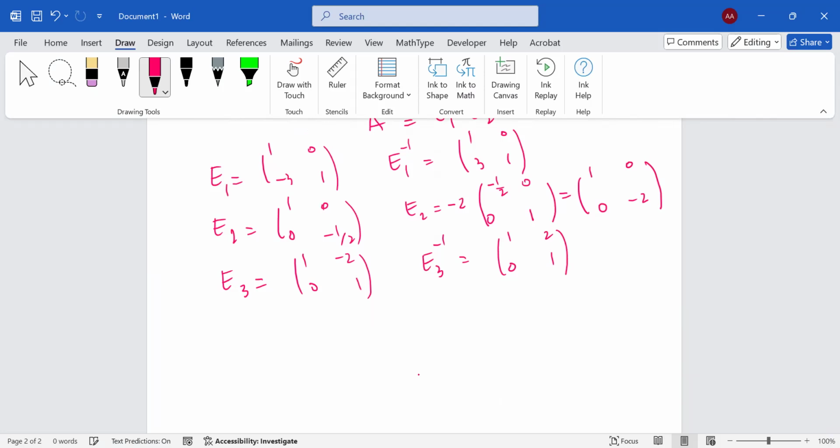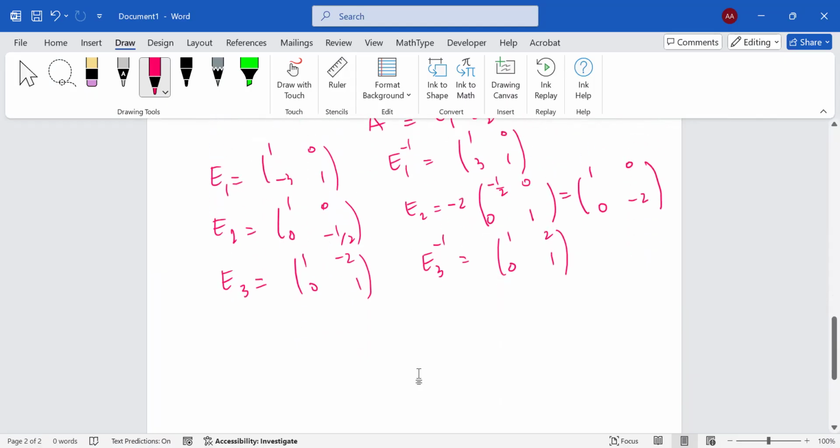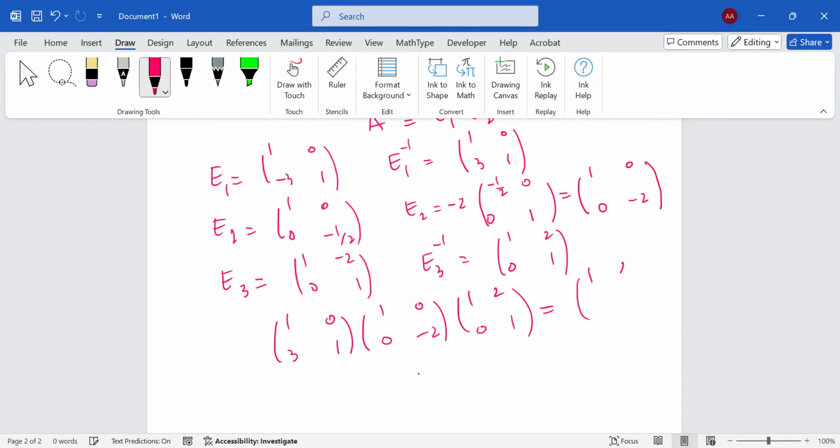So when you multiply them, E1 minus 1, which is 1, 3, 0, 1, multiplied by E2 minus 1, which is 1, 0, 0, negative 2, multiplied by E3 minus 1, 1, 2, 0, 1, you should get A: 1, 2, 3, 4. Right? If no mistake on our parts, that should be it.